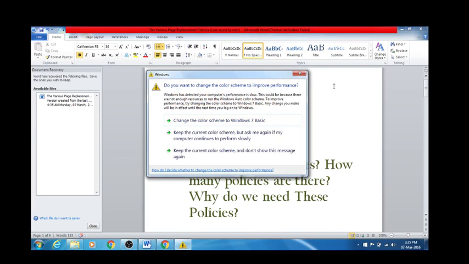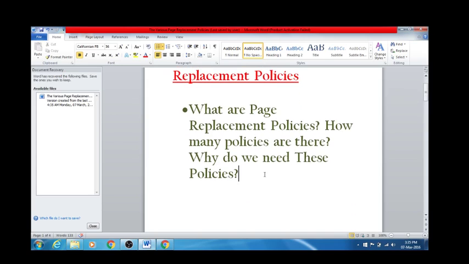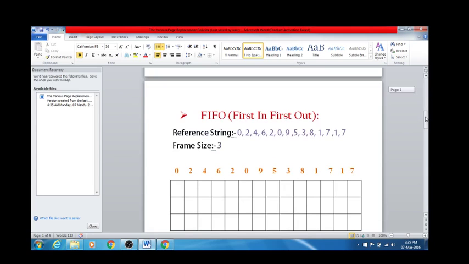Now, answering the question, how many page replacement policies are there? There are three page replacement policies that we will be dealing with in this webinar. We'll go in an order from easy to tough, or you can also say from least optimal to the most optimal page replacement policy.